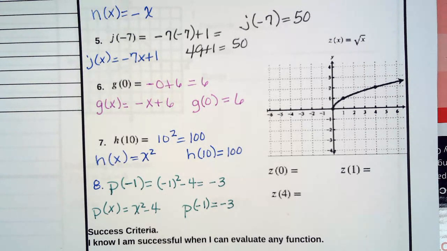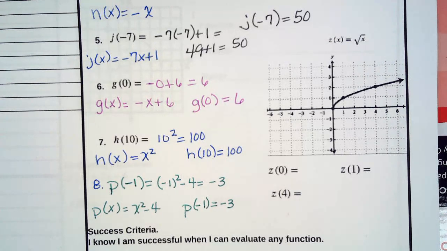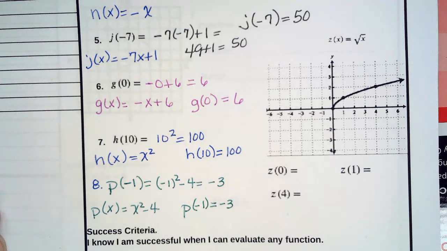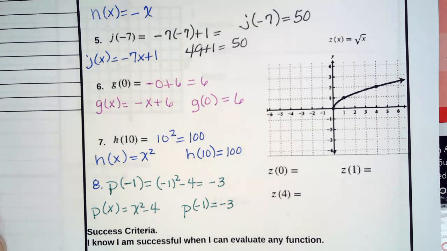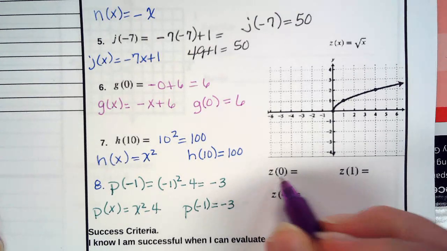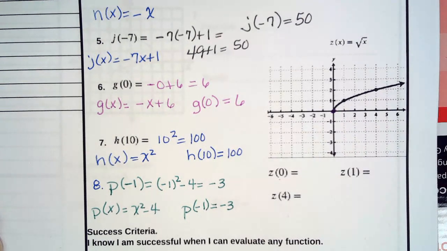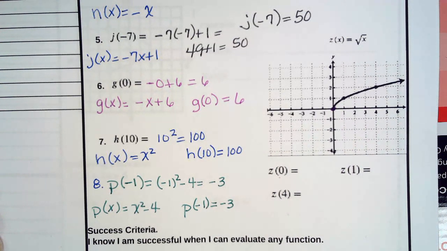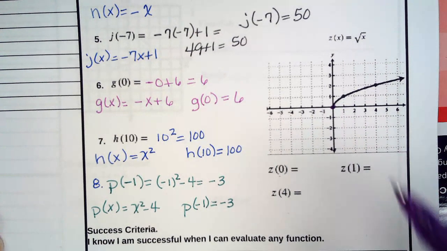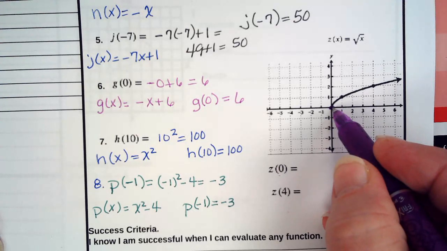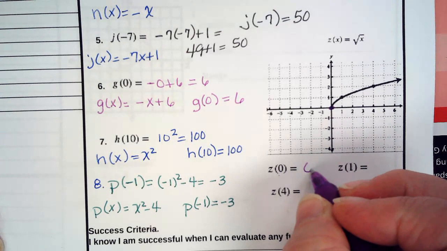Okay, so that shows you with an equation how you input, how you evaluate the function. What happens though if you have a graph? As I'm looking at the first one, where is x equal to 0 at? It's equal to 0 on the y-axis. Where does my graph start? It starts at 0, 0.